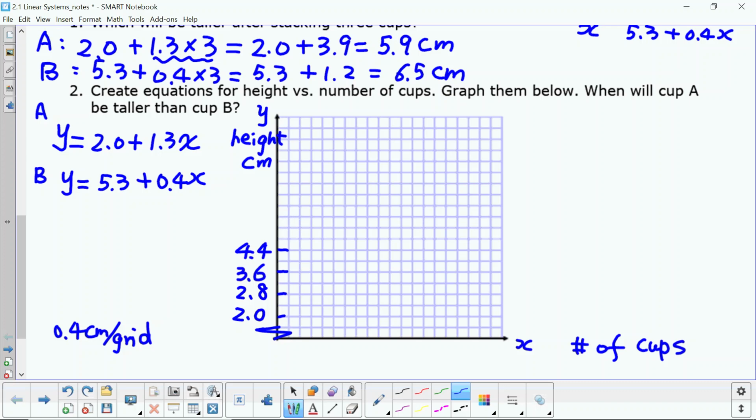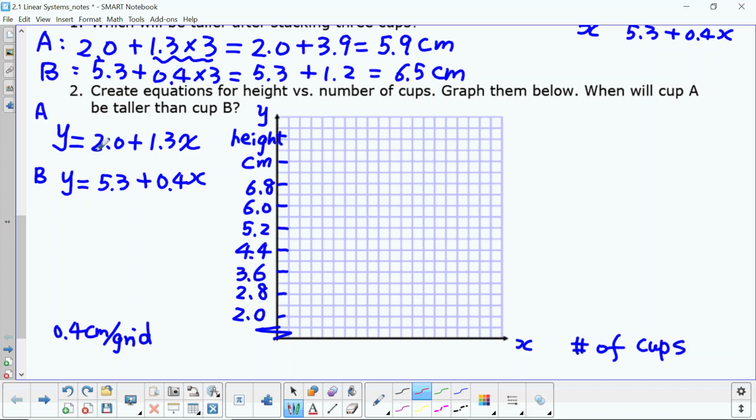Then 0.8 up to 5.2. And 5.2 up 0.8 is 6.0. So every 2 grids we go up 0.8. So 6.8. Then we continue, here will be 7.6. Now I will stop here and I'm going to do the graph.